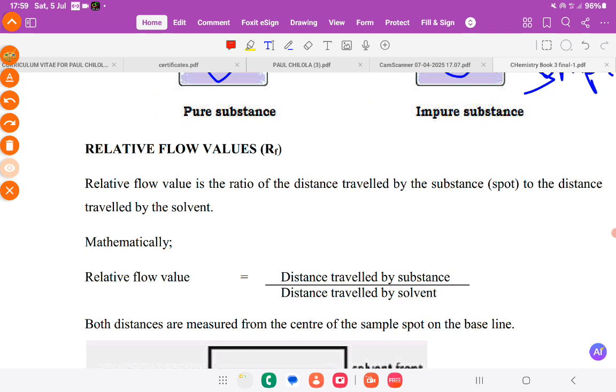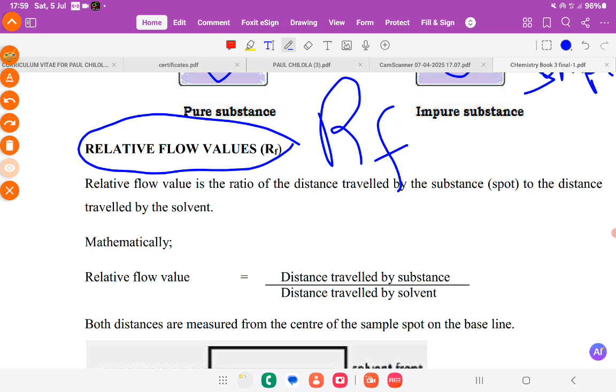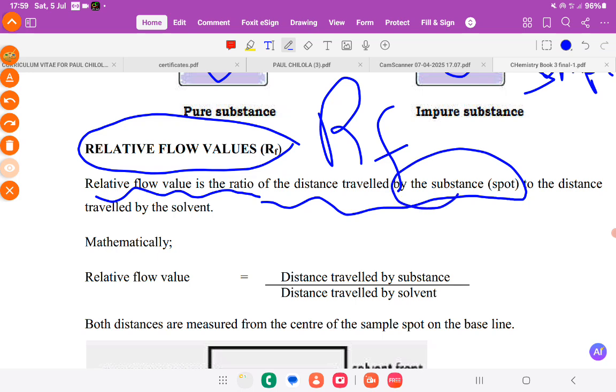Another way to tell the purity of a substance is to use what are called relative flow values, denoted by a capital R and an F, which is written as a subscript. Definition: a relative flow value is just the ratio of the distance traveled by the substance, the spot, to the distance traveled by the solvent.